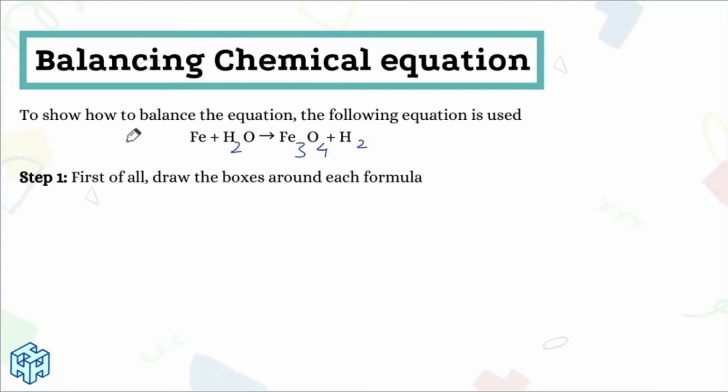How many elements? 1 ferrous, 2 hydrogen, 1 oxygen. Here 3 ferrous, 4 oxygen, 2 hydrogen. It's already an unbalanced equation. To balance, there is a step-by-step process given in your NCERT book. We are going to follow it exactly.